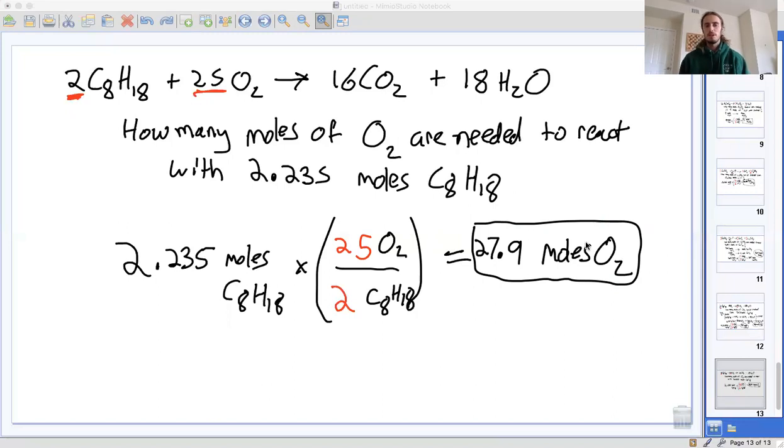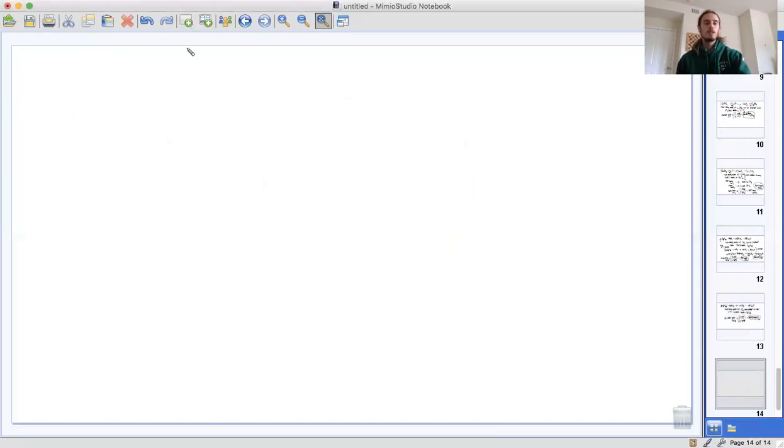It's actually 27.9 if you want to be slightly more precise. Okay. All right, moving along. We've got 2 more examples, both dealing with the combustion of octane. So let's get to it.